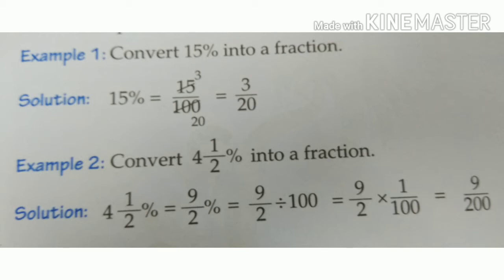But we can see here there is no common factor. So simply we will multiply 9 into 1 and 2 into 100. So finally the answer will be 9 by 200. So students, note down these both examples in your notebook.